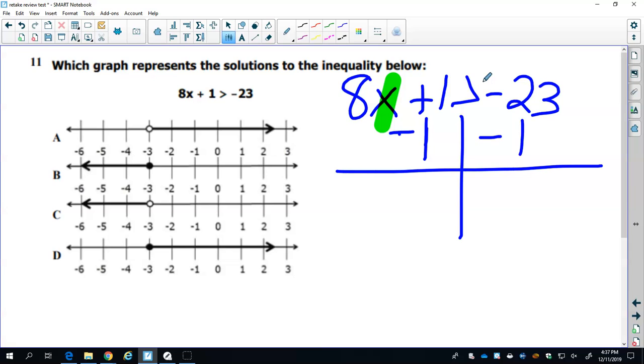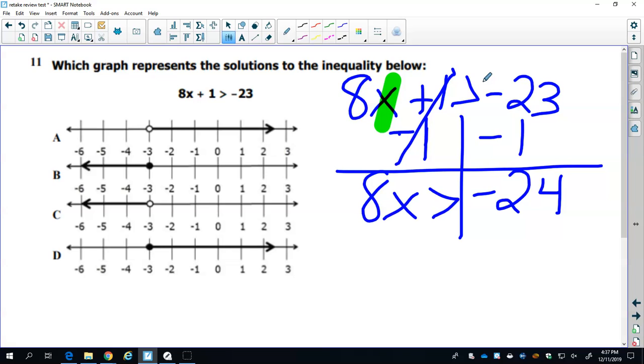So negative 23 minus 1 is negative 24. And you can do that on Desmos if you're not able to do it in your head. Make sure that you check your integers so that you don't end up getting it wrong just because of the computation piece. So we undid the adding 1, and so now we have 8x is greater than negative 24.